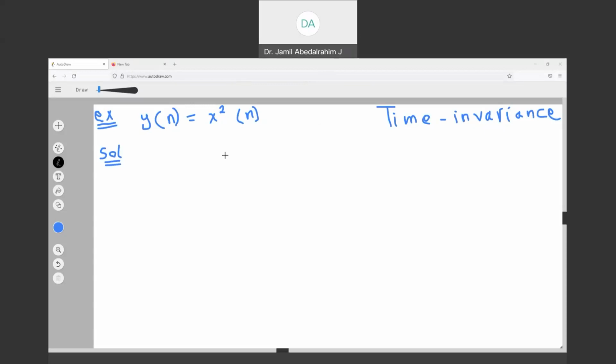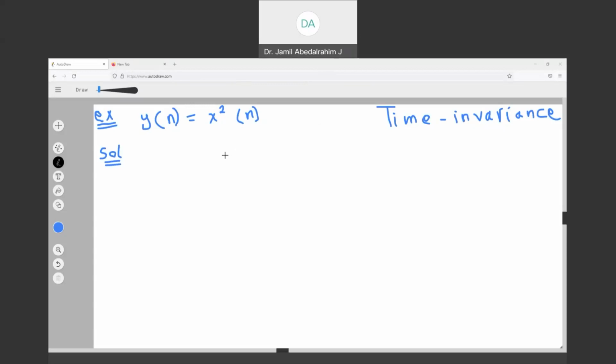This equation is used to process a specific signal. Is it time invariant or not? How do we know? If there is a shifting in the input, the same shifting should be in the output.